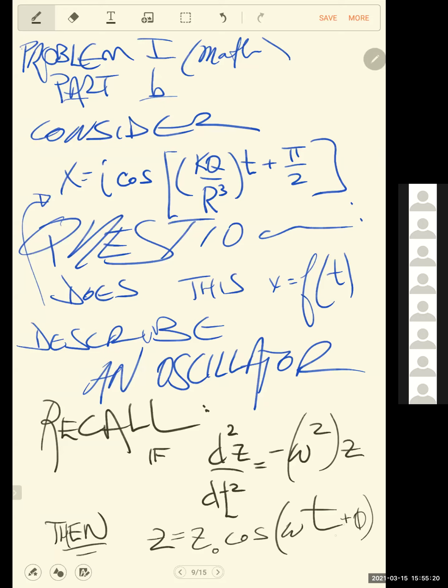I'm going to keep writing this down here at the bottom with the z's. In my mind, if differential equation, then cosine solution.